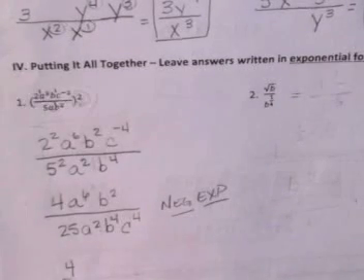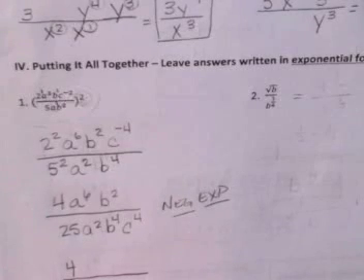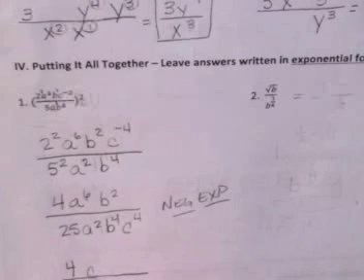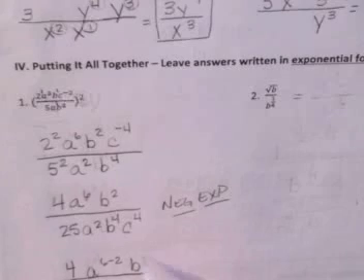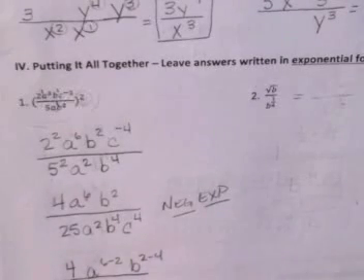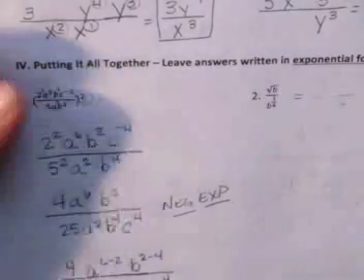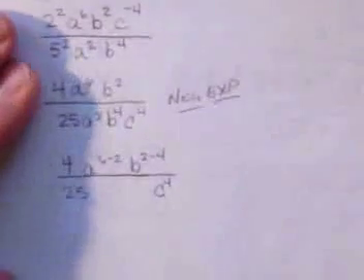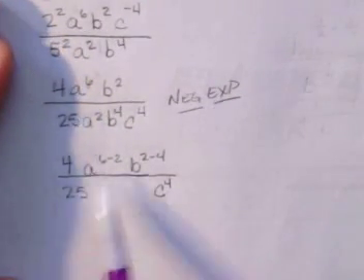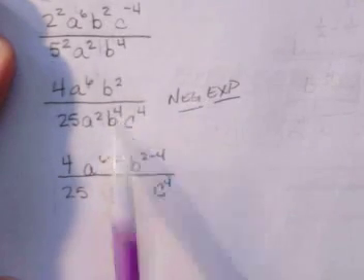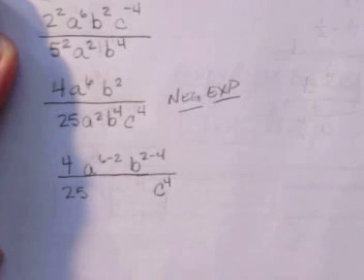So I have 4 and 25, a to the 6 minus 2, b to the 2 minus 4, and c doesn't have anything in the numerator, so I just leave it right here in my denominator. Let me scoot this up so you can see what I did. A to the 6 minus 2, b to the 2 minus 4, and then c stays right where it is.